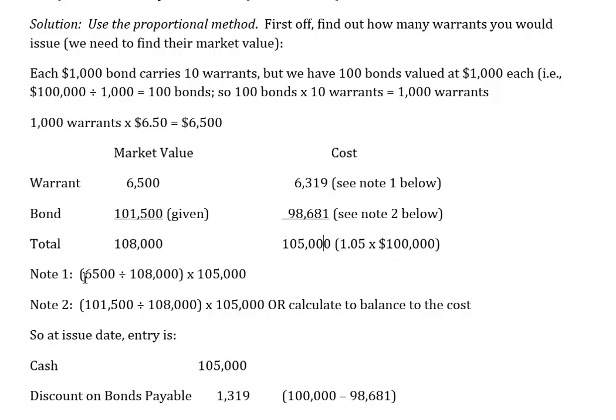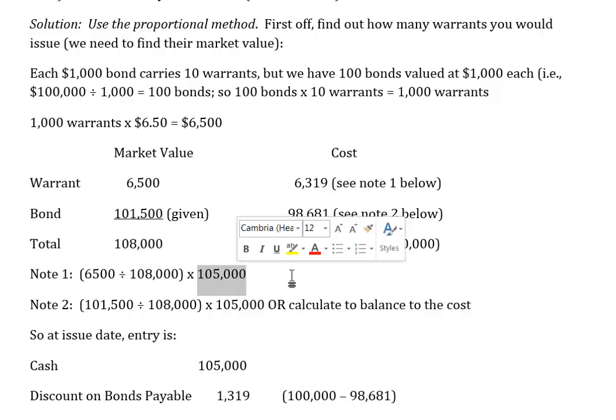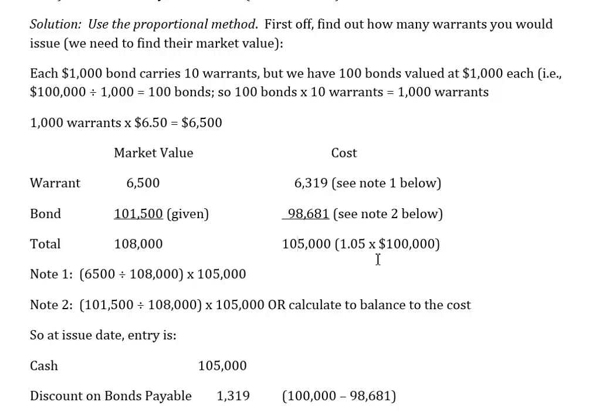Well, I can take my $6,500 market value of the warrants and divide it by the total market value of the entire package, the warrants and the bonds. Multiply it by the cost in order to see that I have a cost on the warrants of $6,319. To figure out the cost of the bonds, I can take the difference between the cost of the entire bundled package and the warrants and squeeze out the value of the bond, right?